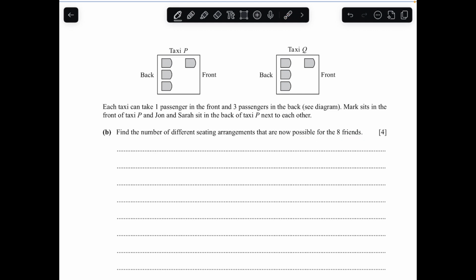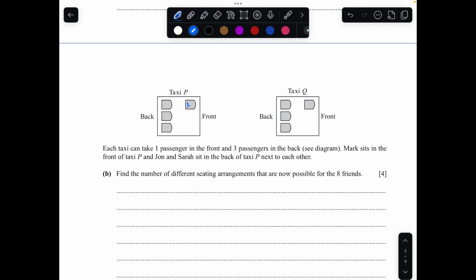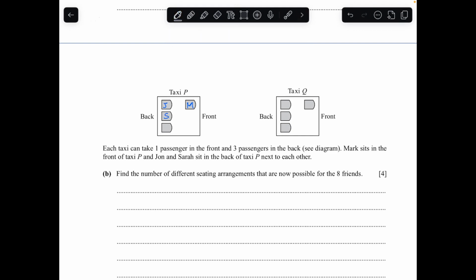So what has been given to us? It's been given to us that Mark is sitting in the front and John and Sarah are sitting next to each other at the back. All right. So we need to find what the different possible arrangements are for the 8 friends. Now keep in mind, in taxi P, only 1 seat is left.